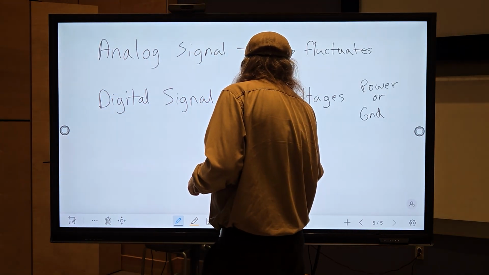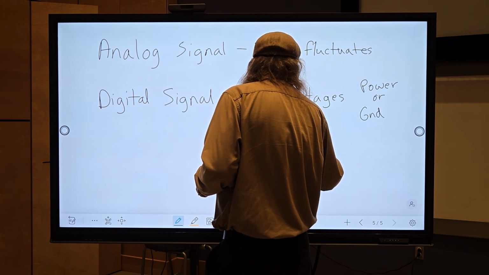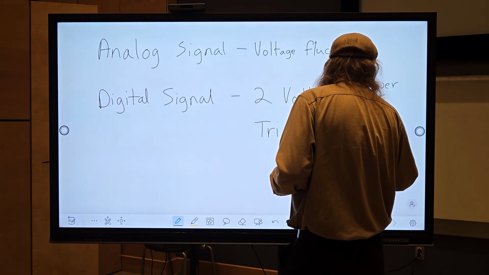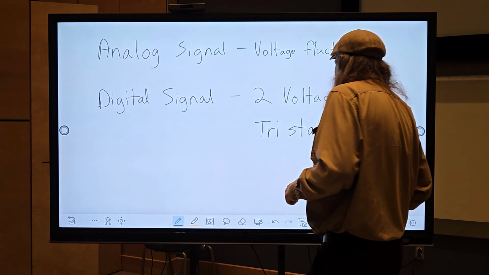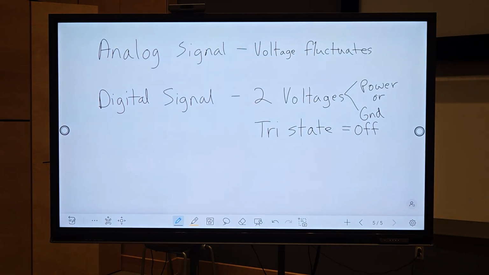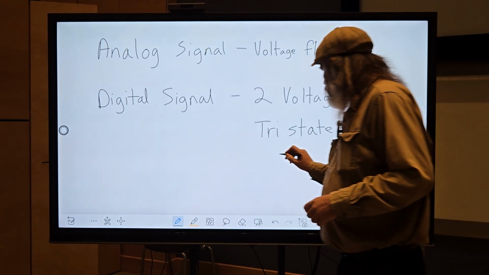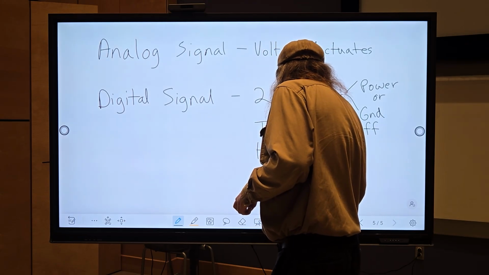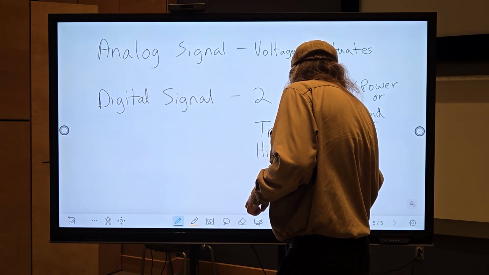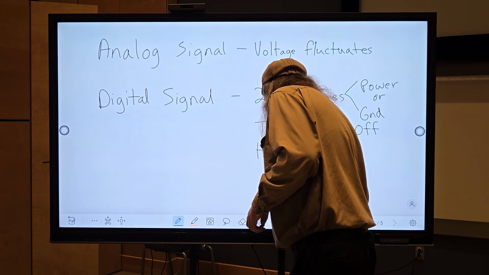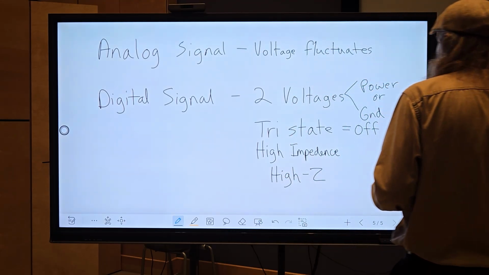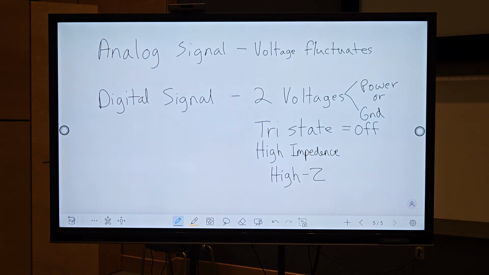The tri-stated or high impedance state, or high Z. Those are off.